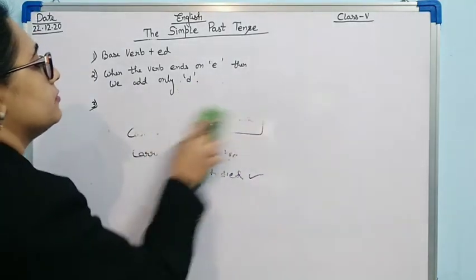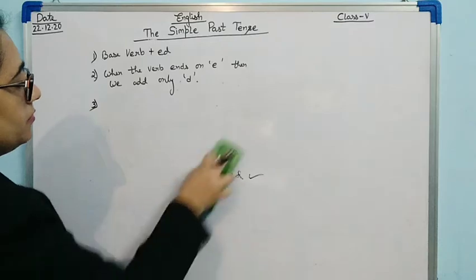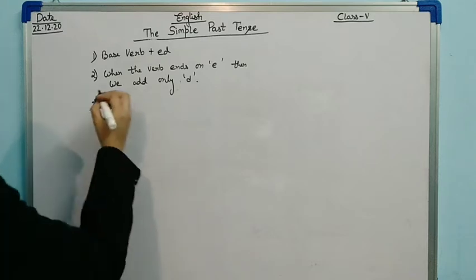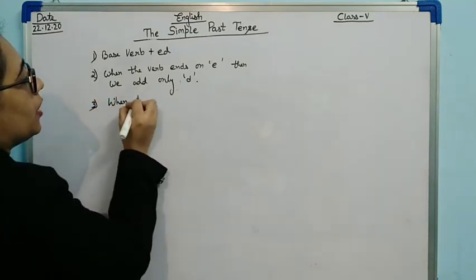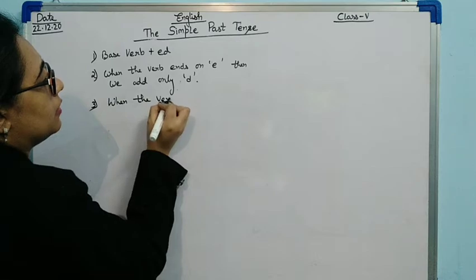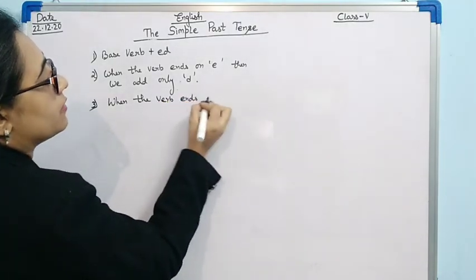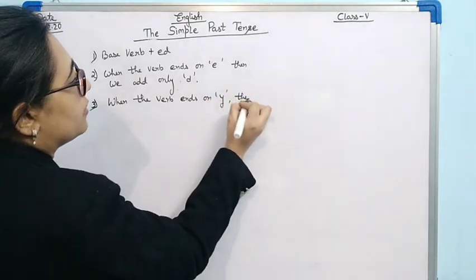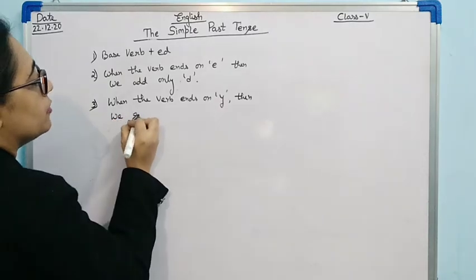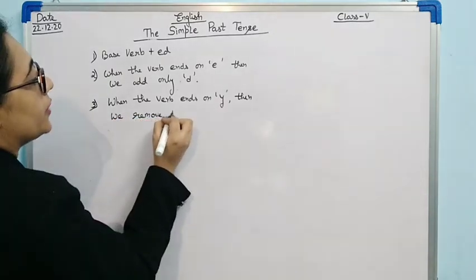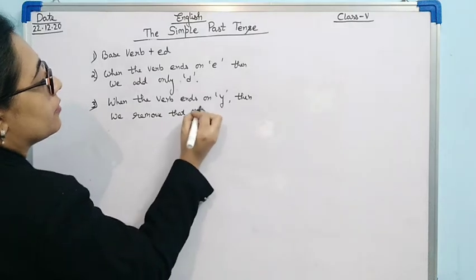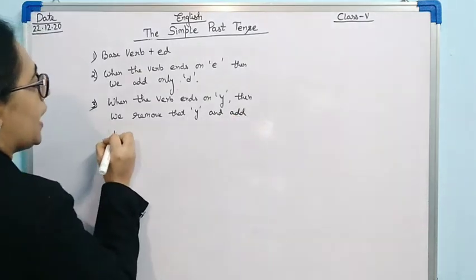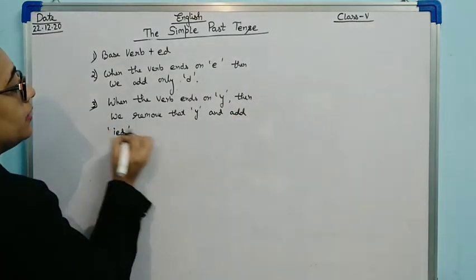When the verb ends on Y, then we remove that Y and add IED to it.